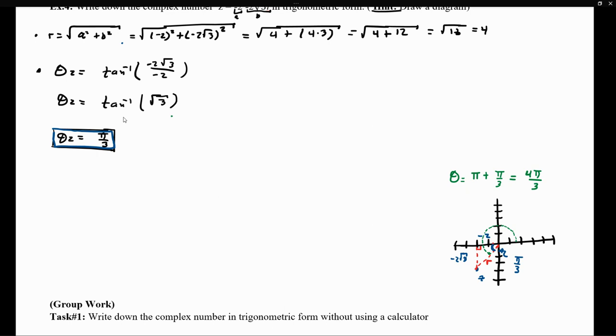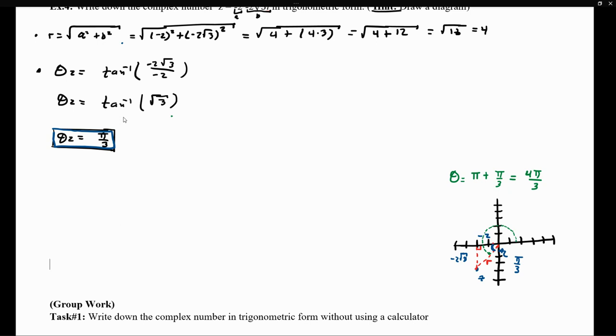And this is something that is very important, and I want to put a lot of emphasis on. When we are defining complex numbers using trigonometric form, we're not just going to get the value that we get when we look at our unit circle. So I understand that the inverse of tangent of square root of 3 is pi over 3, and that's fine. That only indicates this little distance right here.